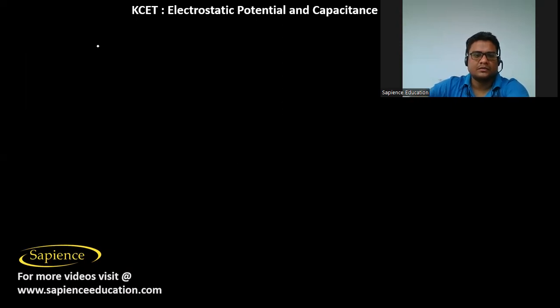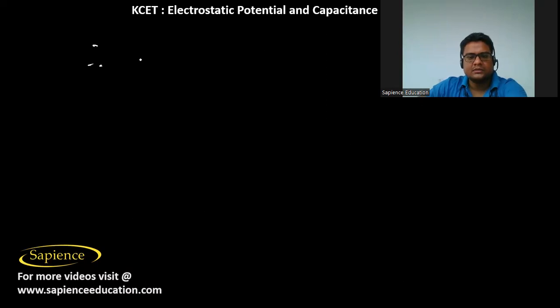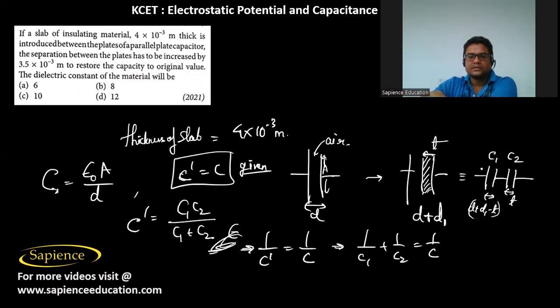Therefore we can say that 1 by C1 will be d plus d1 minus t by epsilon naught A. Here air is there and here we have the slab. Here we have air, here also we have air.